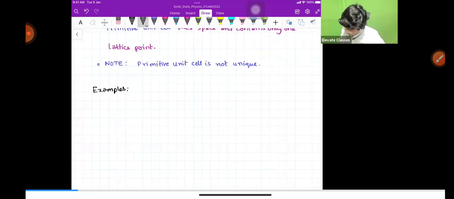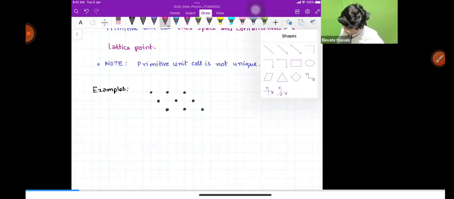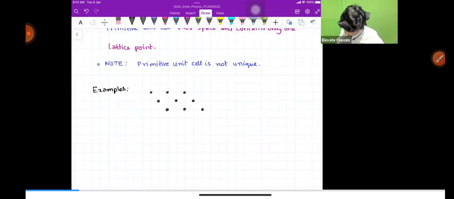Let's say we have this as the lattice point. Okay, lattice. We have this structure. Now you can draw the PUCs like this. Now this is a line, this is not a PUC. Okay, so when the structure is complete, then you see the PUC.